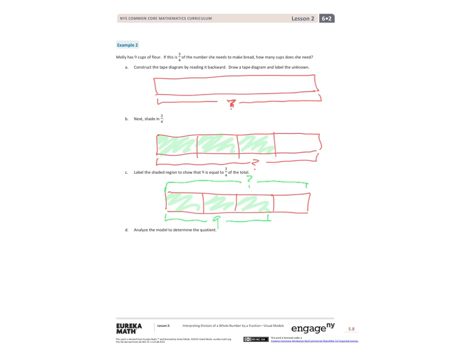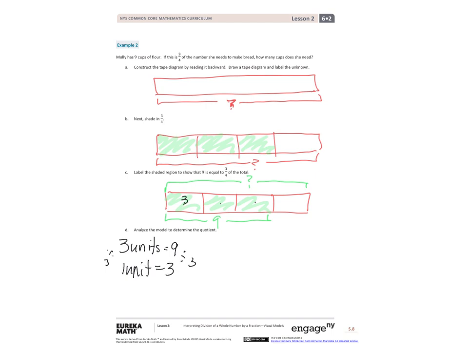analyzing this to determine, if I know that 9, let's say 3 units, so this 1, 2, and 3 units equals 9. So that means if I divide by 3, then 1 unit equals 3.